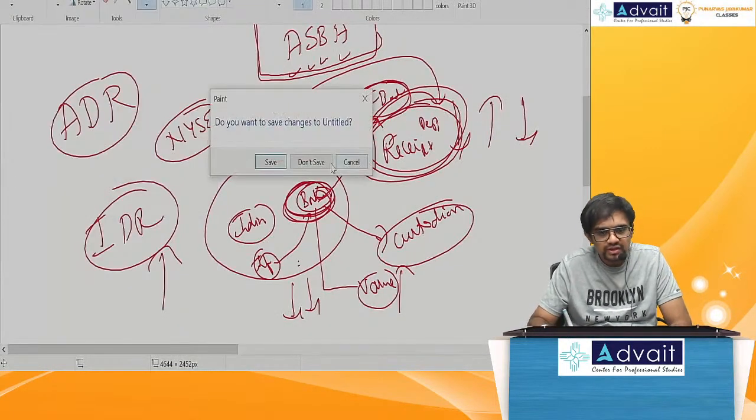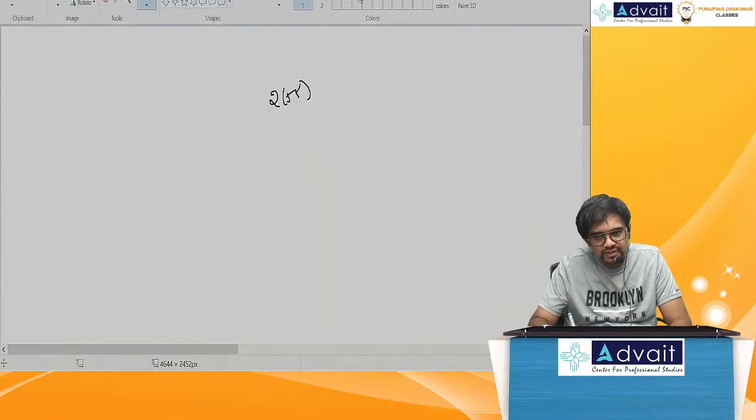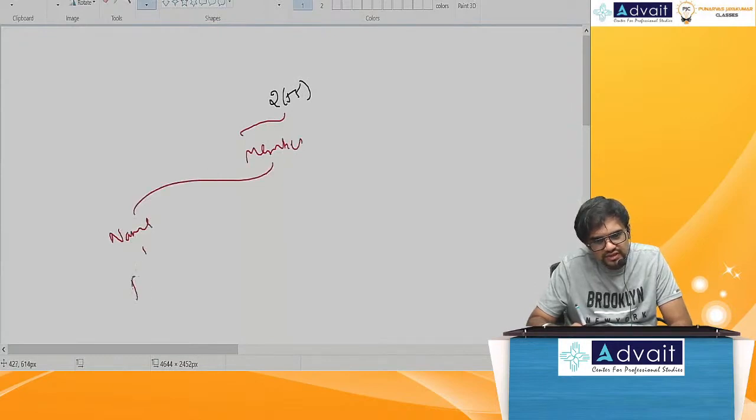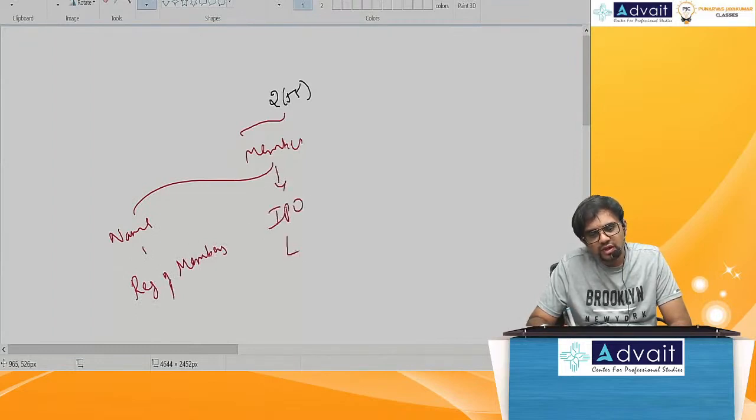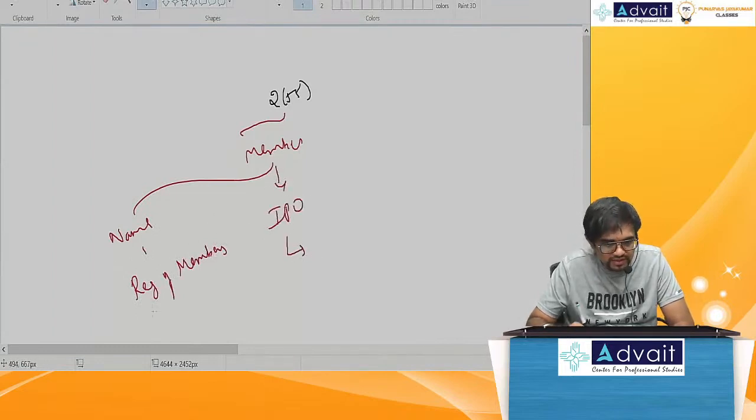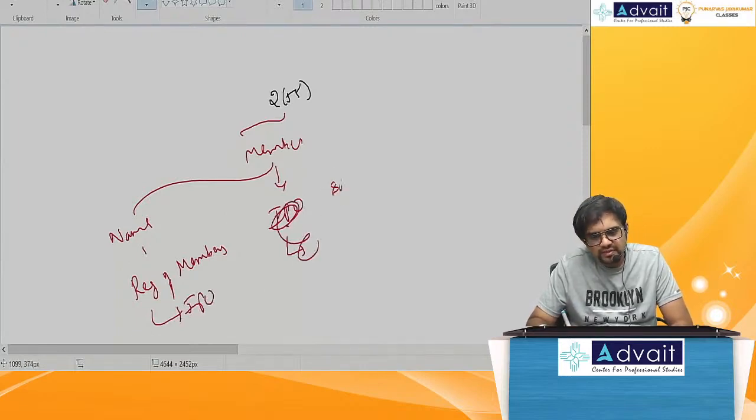So who is a member? If you see Section 2 clause 55, member means a person whose name is entered in the register of members. That is one thing. Second, let's say in an IPO, this generally happens in the IPO, already discussed. Second, subscribers to the memorandum are automatically deemed to be members.